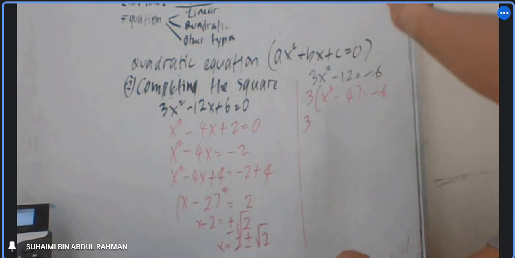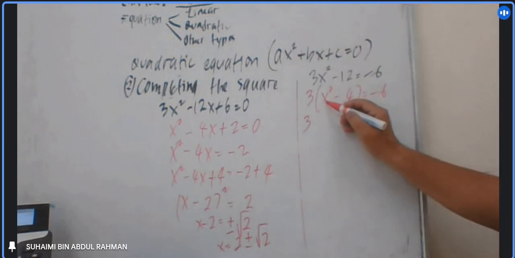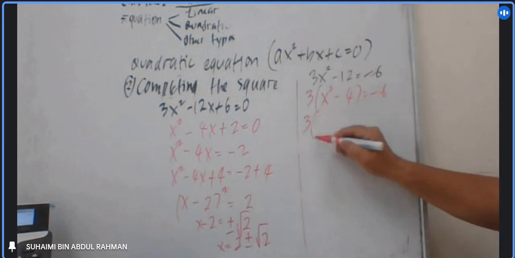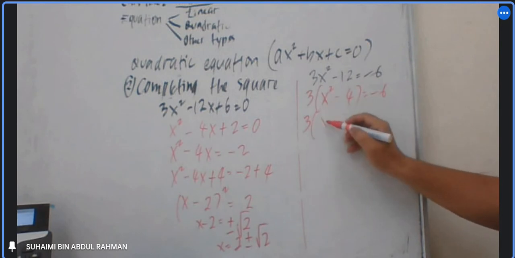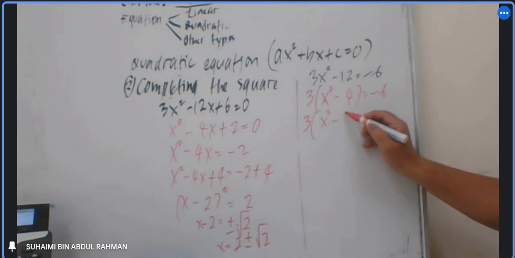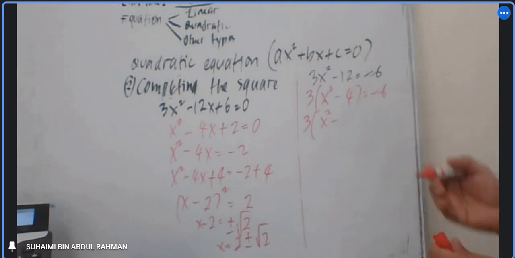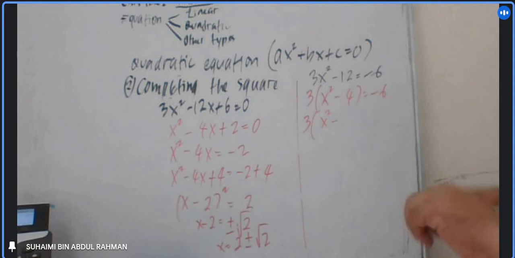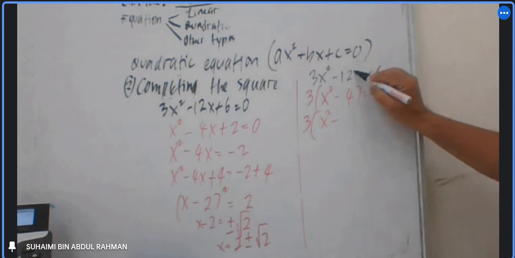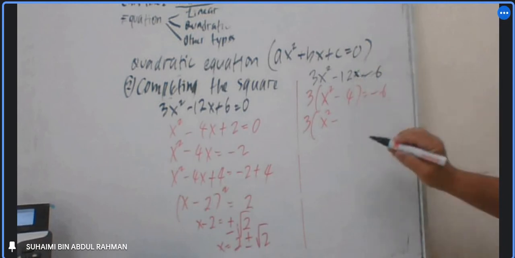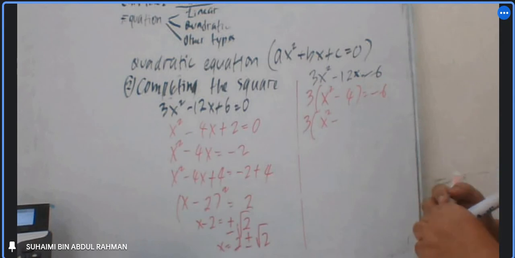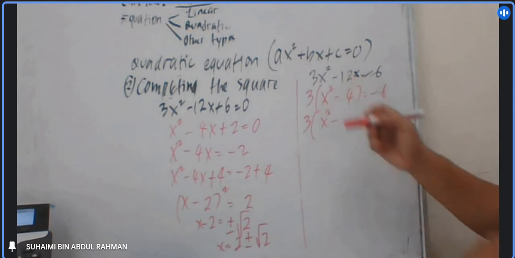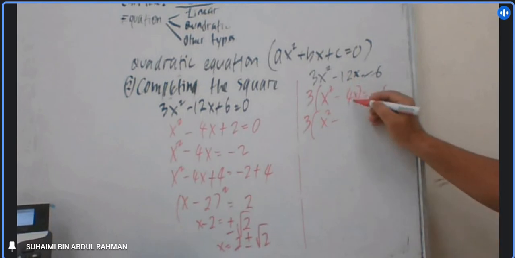Because the coefficient of x squared is 1 only. So bracket x squared minus 4x, sorry, it's x here, right?